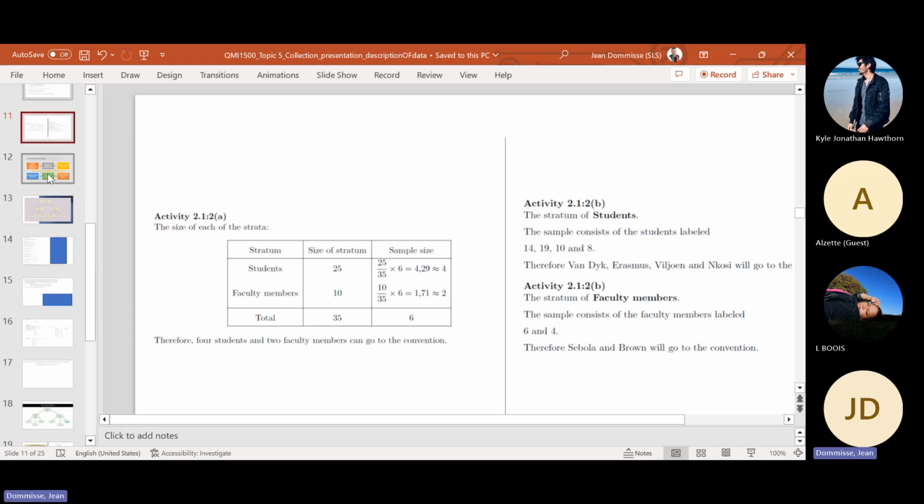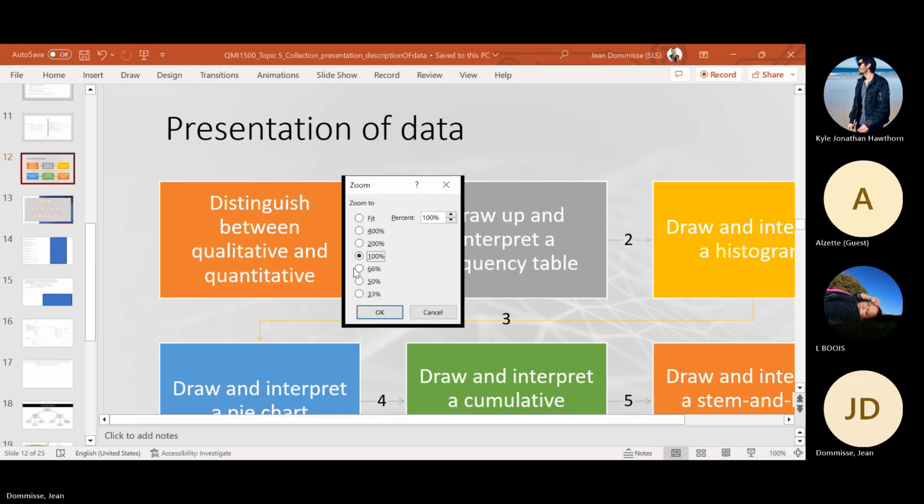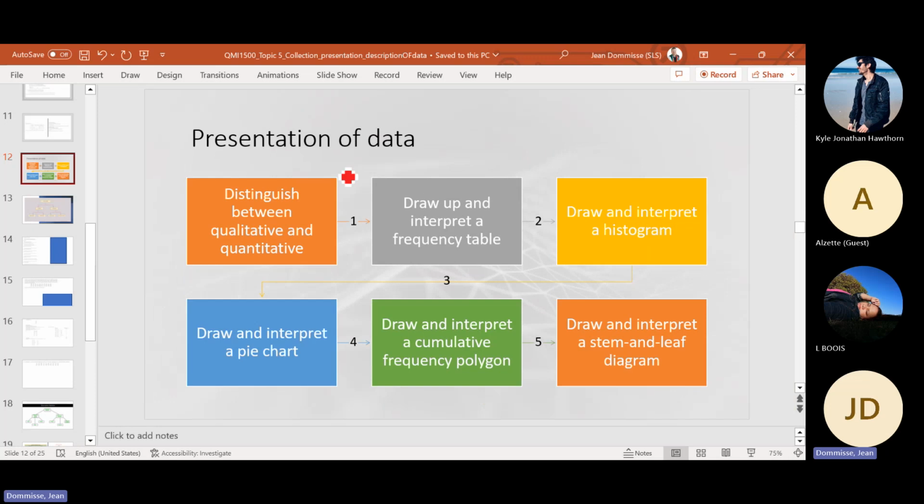Okay, the next component is, and let me just get it back to 75%, we're looking at presentation of data.